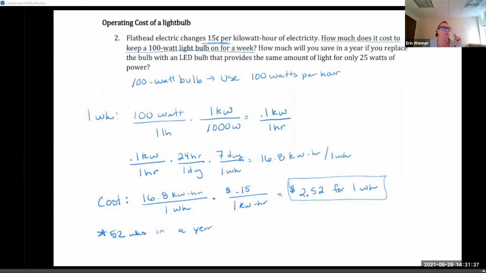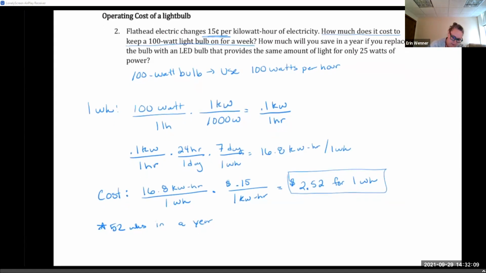Thinking about switching from a 100-watt bulb to a 25-watt bulb, right? What portion of 100 is 25? Like fractionally speaking. 1/4. Okay. So we could do the big, it's 1/4, right? 25 is 1/4 of the amount.